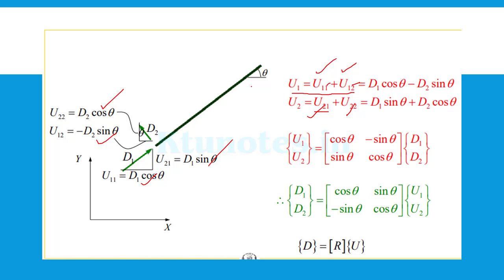So we are writing all the values, substituting to get the corresponding values, and making it into a matrix format. And then d1 d2 will be just the inverse of this one. It will be cos theta sin theta minus sin theta into u1 u2.